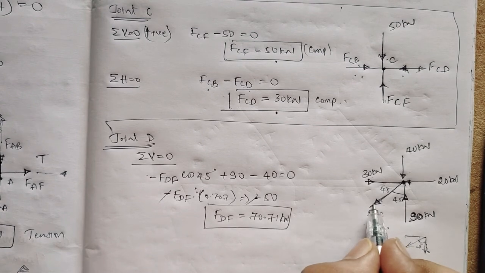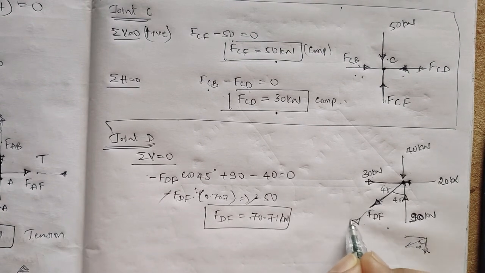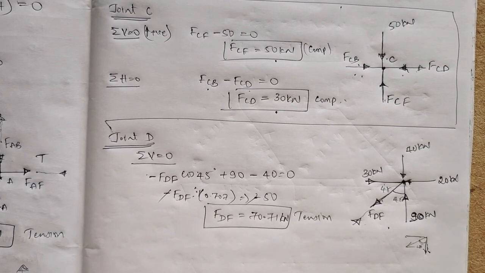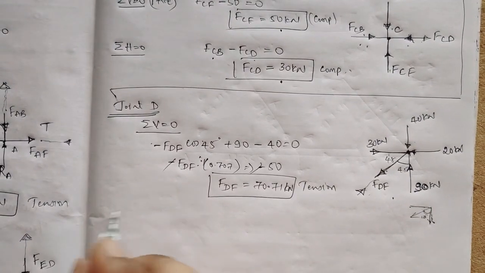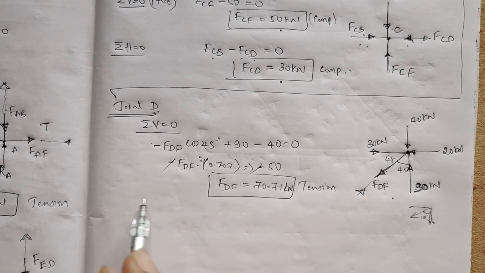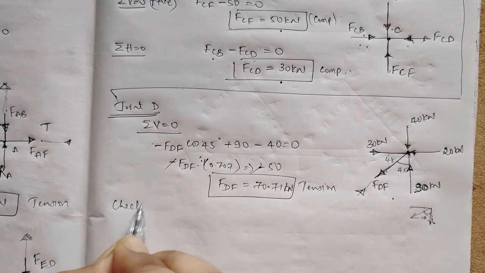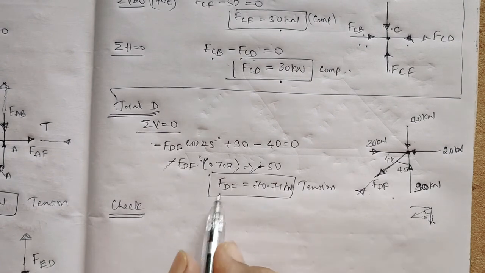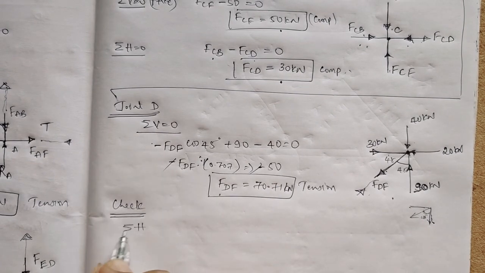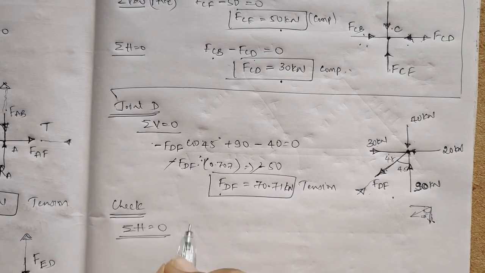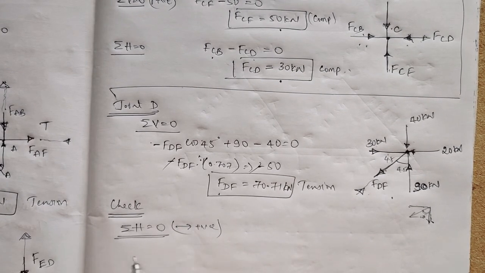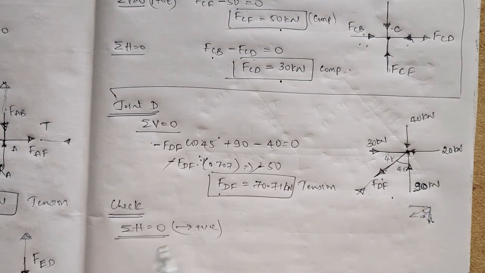See, FDF is 70.71 kilonewton. So if this end is like this, another one will be toward this. So this is a tension force. Now I'll check it. How to check now, whether FDF is correct or not? I will take summation of horizontal force equal to 0, taking left to right as positive.